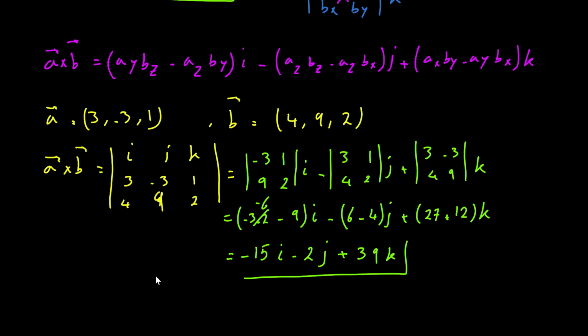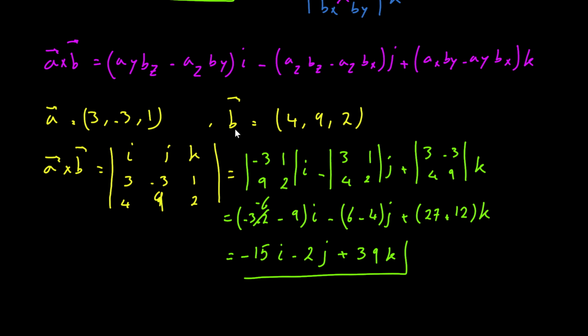Now, if this example had a second part asking us to find the area of the parallelogram that these two vectors make. So these are the two vectors A, B, and there is an angle between them and they can make a parallelogram.